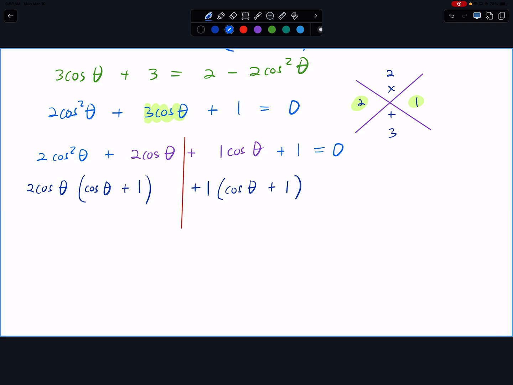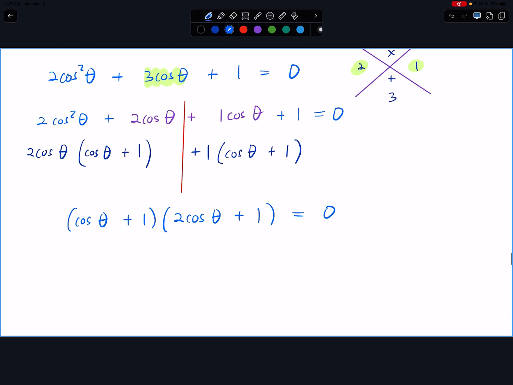Okay, so what does this factor to then? Cosine of theta plus 1 times 2 cosine of theta plus 1 is equal to 0. So then cosine of theta plus 1 equals 0, or 2 cosine of theta plus 1 is equal to 0.